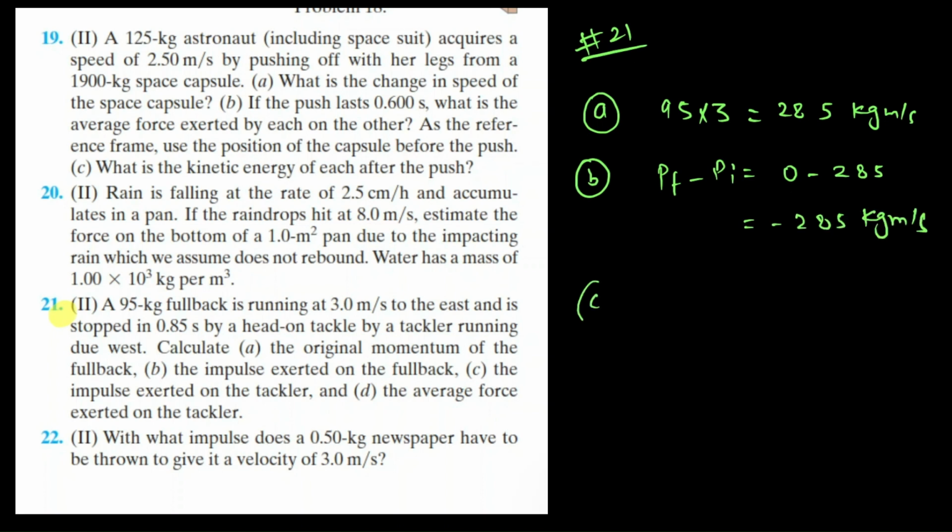All right, what about part C? The impulse exerted on the tackler, given that we don't know anything about the tackler's velocity. Still, can we find the change in momentum or the impulse?